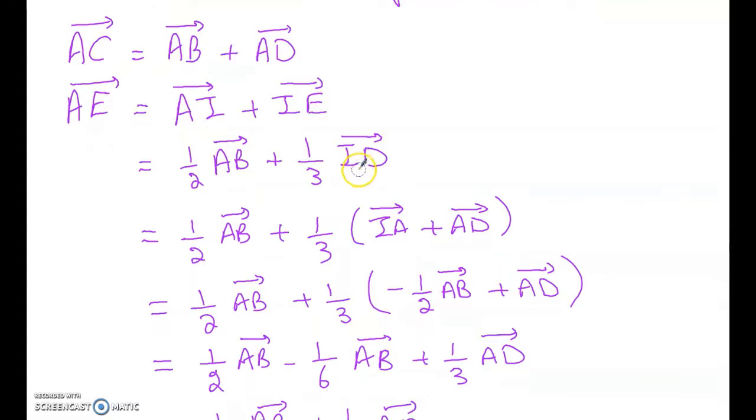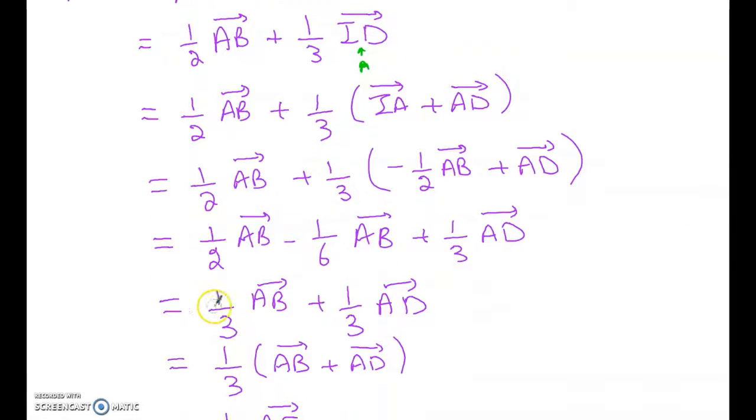We inserted here letter A, so we got here IA plus AD, and also, I replaced IA by minus half AB from the midpoint property, and then you expand this, you get minus 1 over 6 AB plus 1 over 3 AD, and simplify, you get 1 over 3 AB plus 1 over 3 AD, which is what we want.